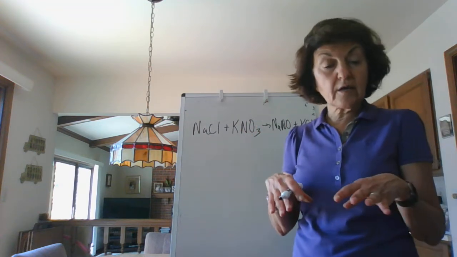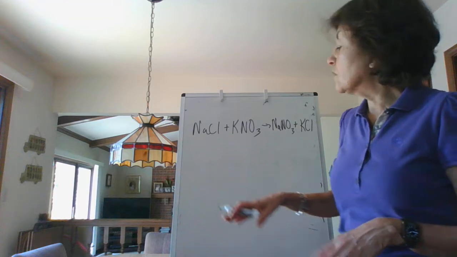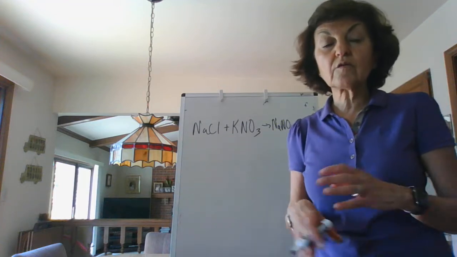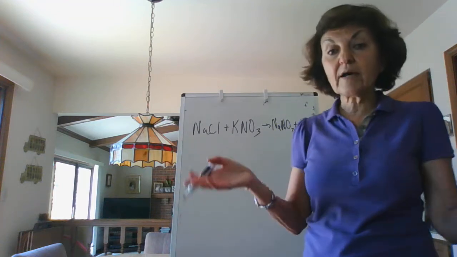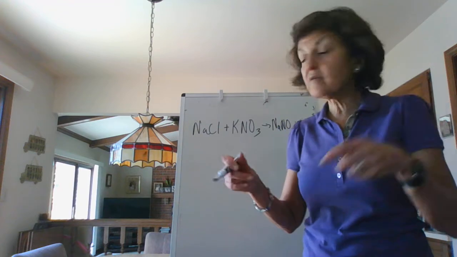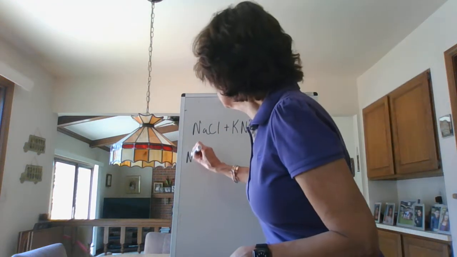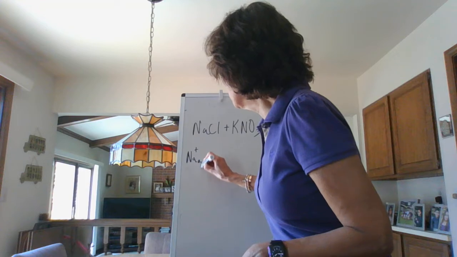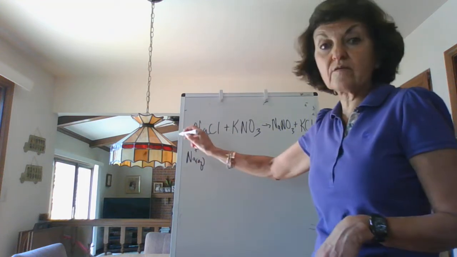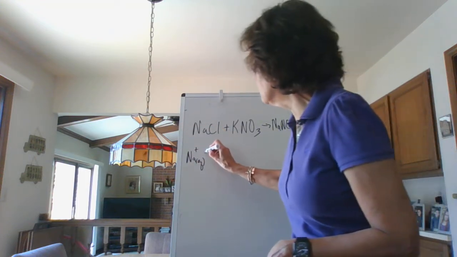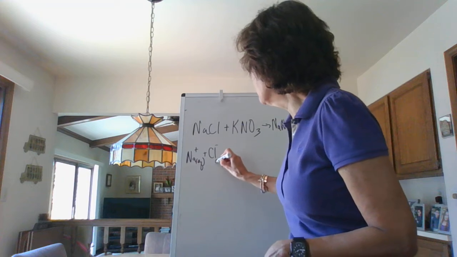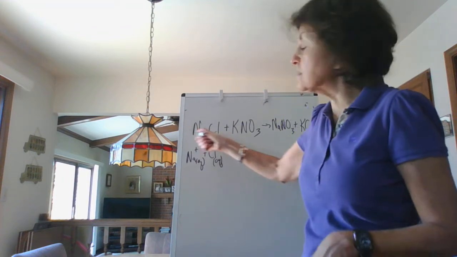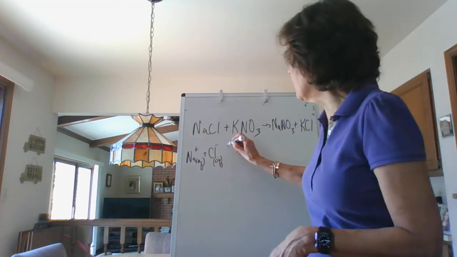Turn it into a complete ionic. Anything that is considered a strong electrolyte, obviously you break apart into ions. So we've got Na plus aqueous, because sodium chloride is a soluble salt, plus Cl minus aqueous. Why is this a soluble salt? Because it's got a group 1A.